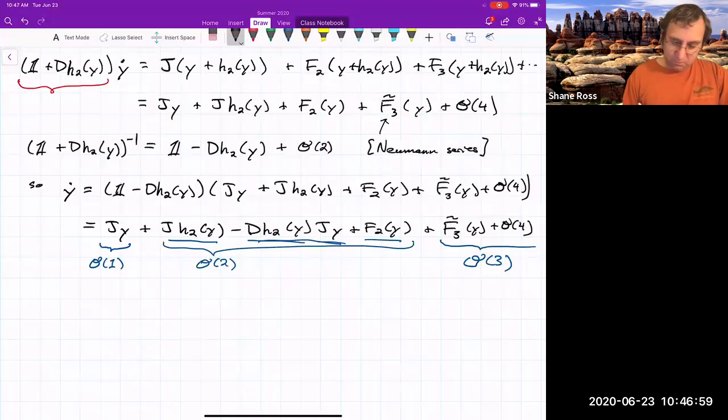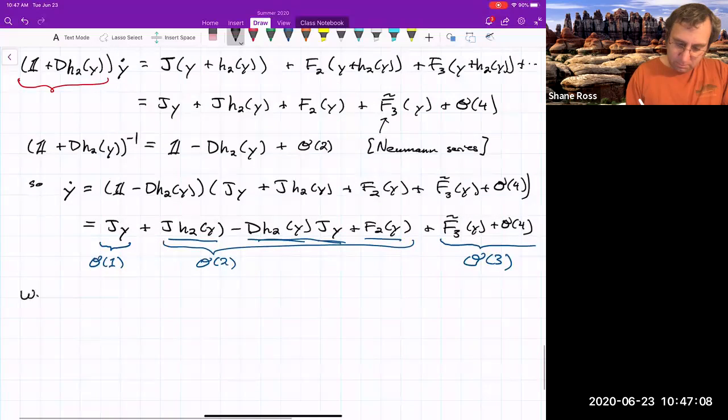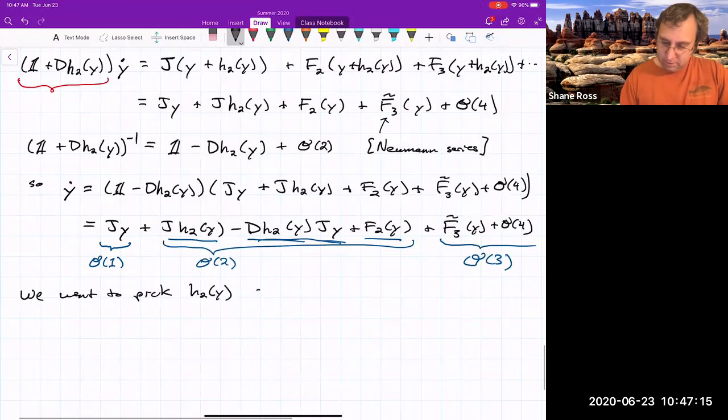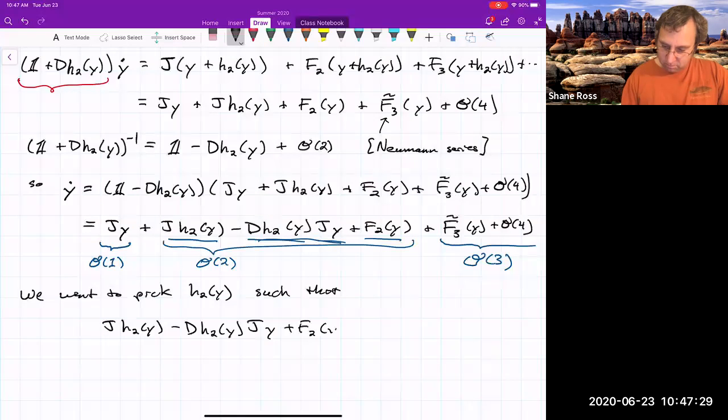So that means, just like we picked the alpha 2 and alpha 3 coefficients in the 1D motivating example, now we want to pick H2, which is unknown, such that J H2 Y minus D H2 Y J Y plus F2 Y equals 0.